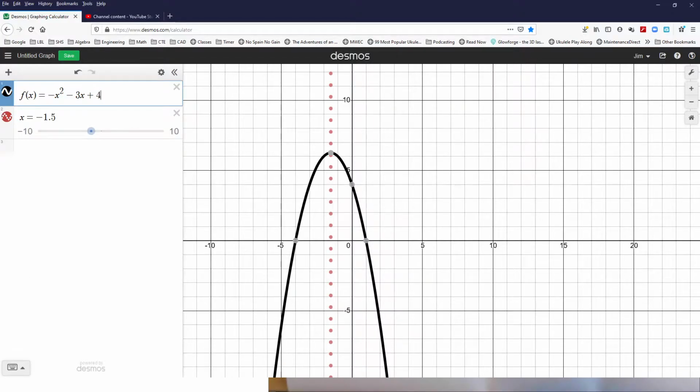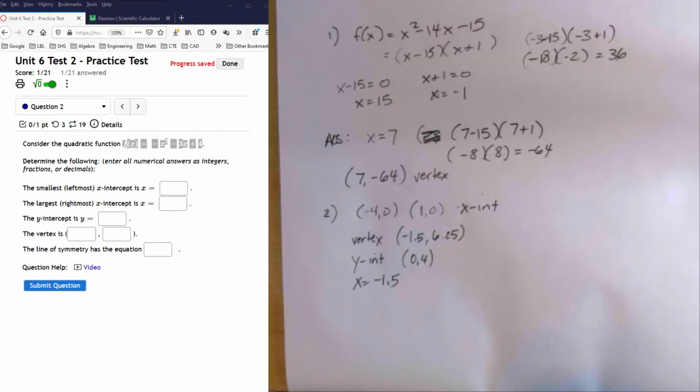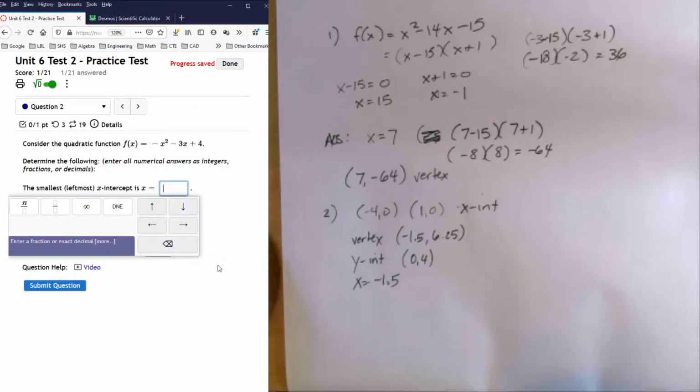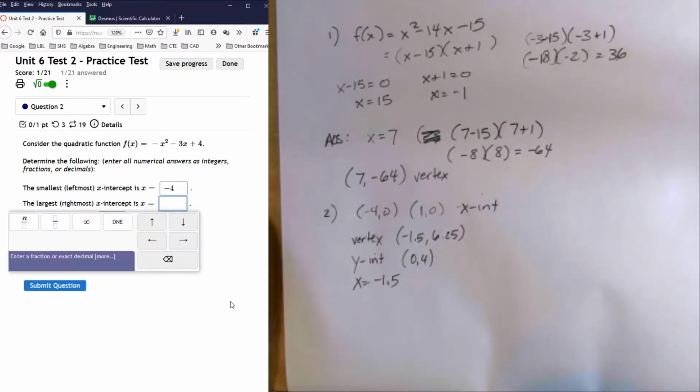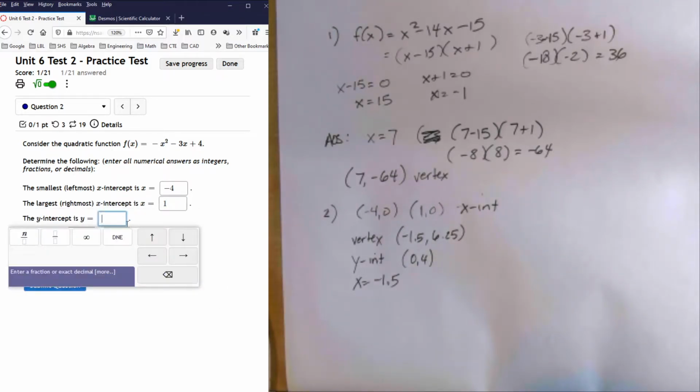All right, so let's switch back to our problem here, and so we can fill this out. The leftmost x-intercept is where x is equal to negative 4. The rightmost was where x is equal to 1. The y-intercept was at the point 0, 4, so the y value there is 4.